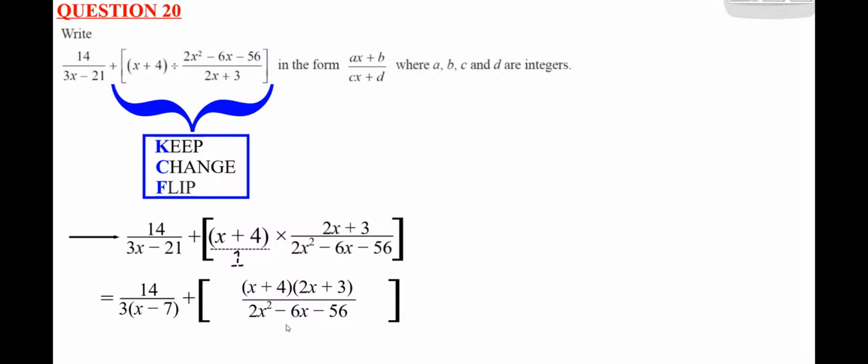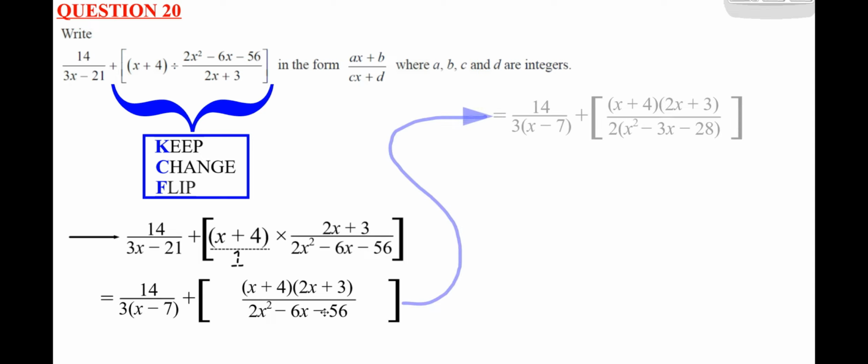Now, before factorizing the quadratic and just jumping into it, just check the coefficients, just check the numbers. I've got 2, 6, and negative 56, which are all even values. So before we factorize into 2 brackets, be thinking we could factorize out this 2 before we do anything else more complicated. That's what we're going to do here.